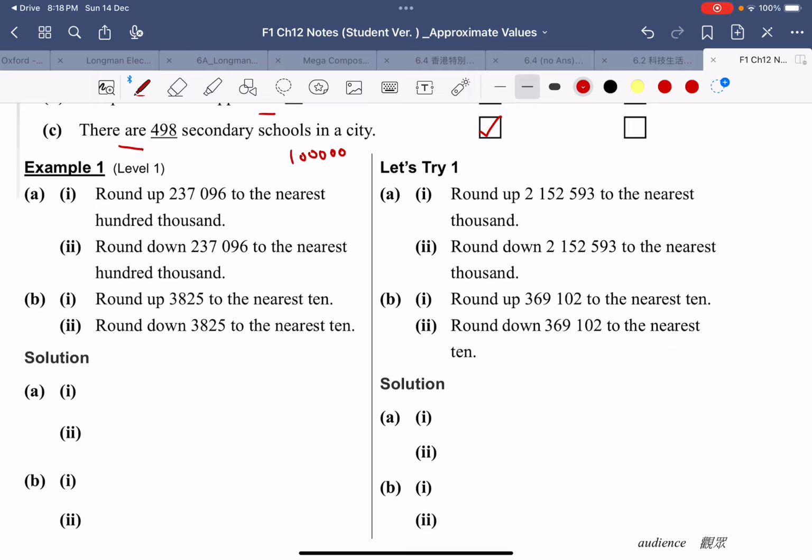So this place is 1, 2, 3, 4, 5, 6. So round up to the nearest of this place value. Since we need to leave these numbers out, they become all 0. But no matter what these numbers are, we round up, which means 2 will become 3. Alright, so it goes up to 300,000, with 5 zeros here.